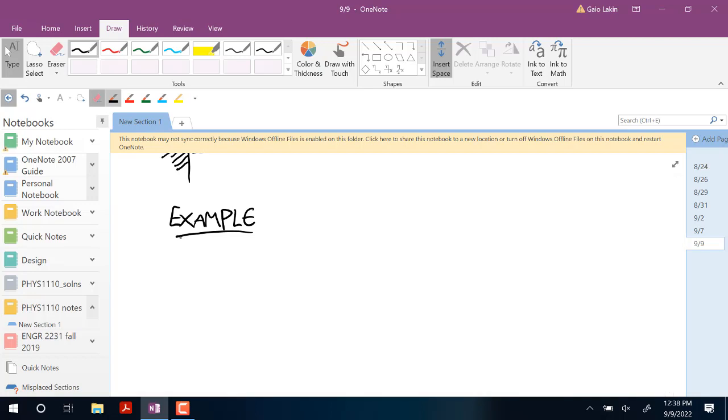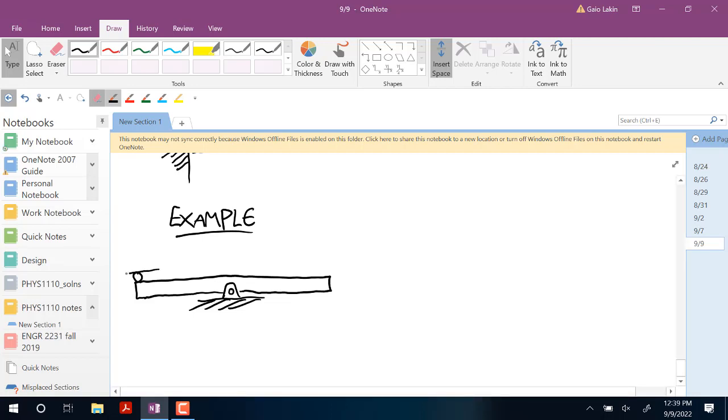So let's say we have a pin joint at the middle of this beam, and a roller at the end of this beam, and a downward force of, let's say, 500 newtons.